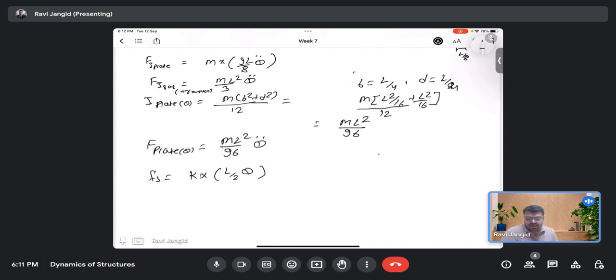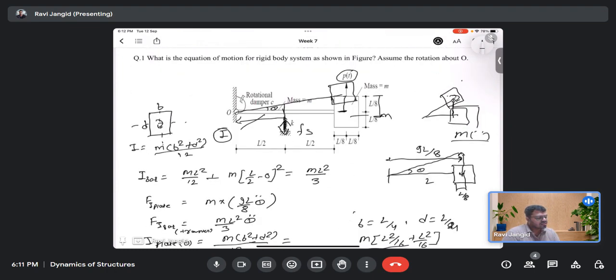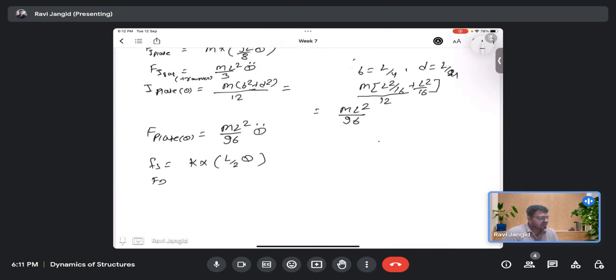Anything else? Nothing. So now I am applying those things at a point. Damping force is also there, so that is c, the damping is rotational. So Fd is directly c into theta dot. So I can directly write my forces. When I apply this rotation, what are my forces applied here?